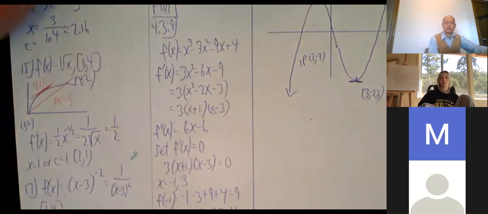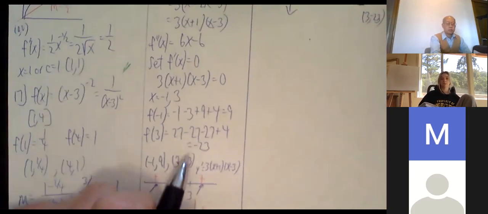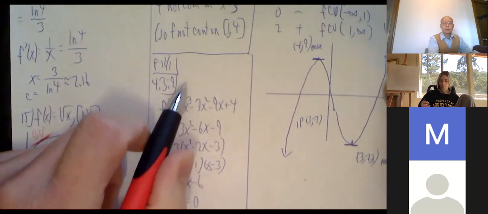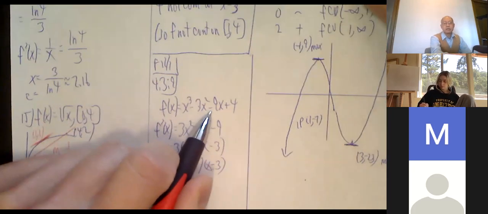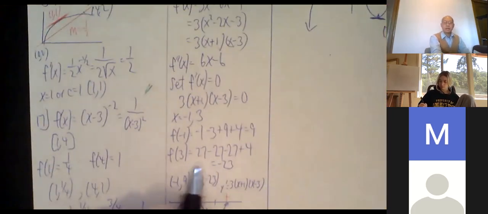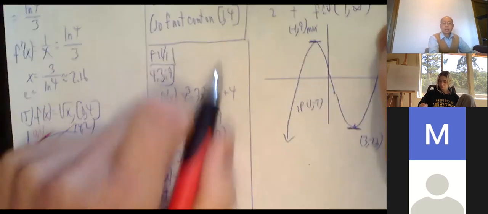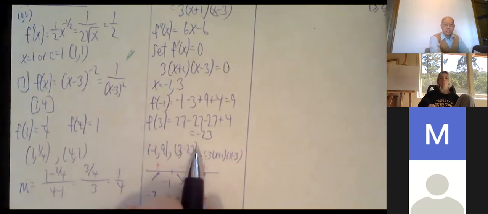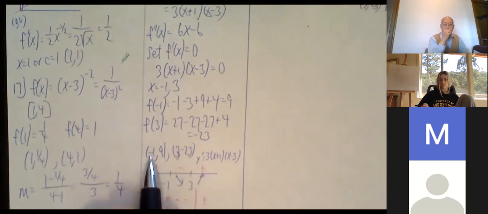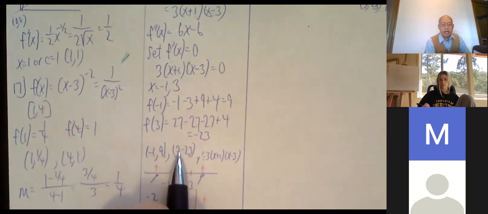Minus 3 times 3 squared, 27. Minus 9 times 3, 27. How do you like that? 3 27s in a row. And then plus 4. So these cancel out, -23. Okay, so my ordered pairs are -1, 9 and 3, comma, -23.